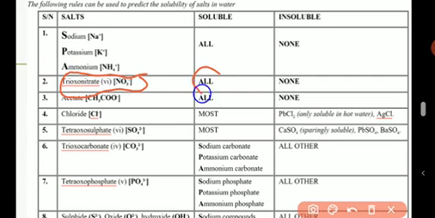All nitrate salts are soluble. Whatever might be at the back, copper, gold, whatever. Once the salt contains NO3, the salt will be soluble. All nitrate salts are soluble, and there is no exception.